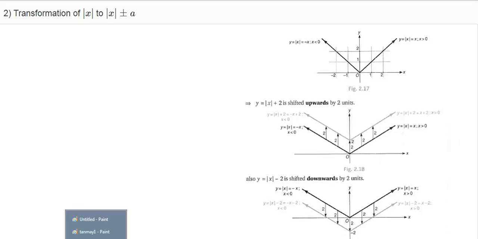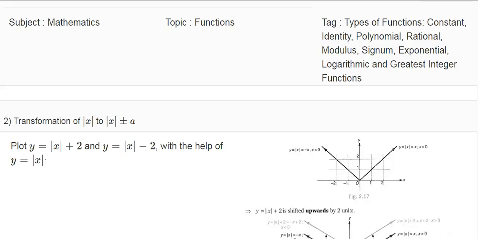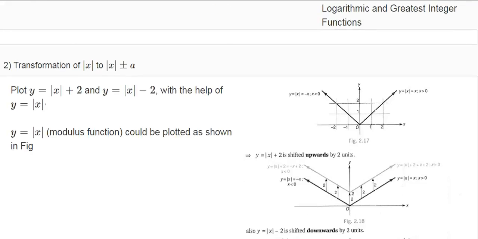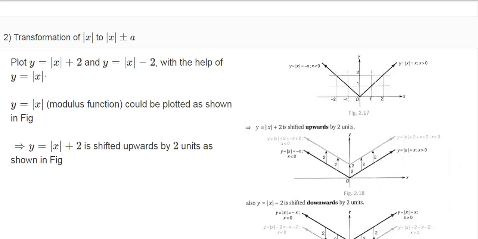So for example, we will be plotting the graph of y is equal to modulus of x plus 2 and y is equal to modulus of x minus 2 with the help of y is equal to modulus of x. In the first instance, we will plot the graph of y is equal to modulus of x plus 2.